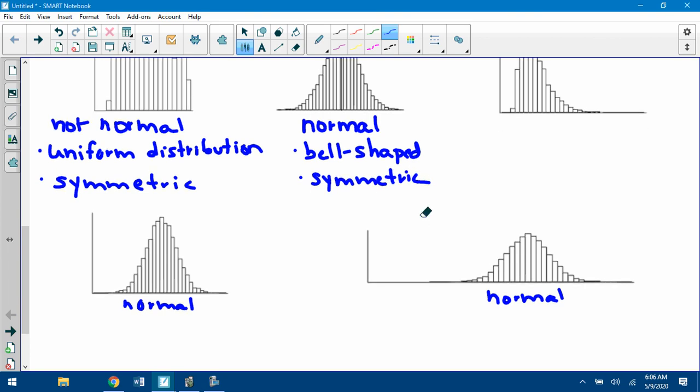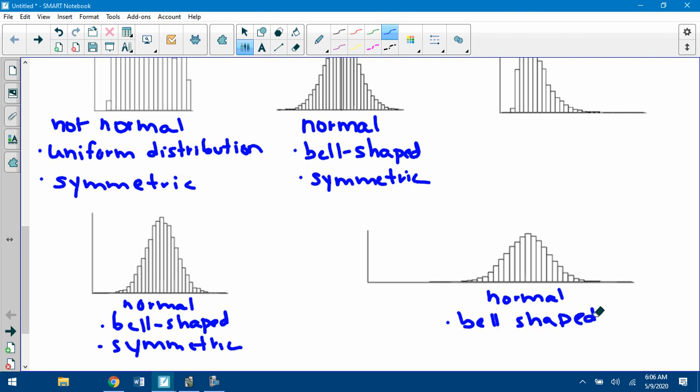So we could say that with all these. This is also bell-shaped and symmetric. Even this one, even though it's spread way out, kind of down on the graph, it's still bell-shaped and symmetric.